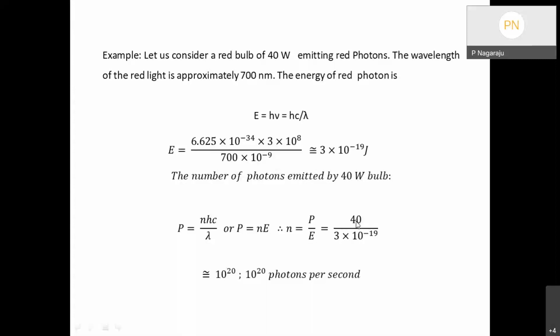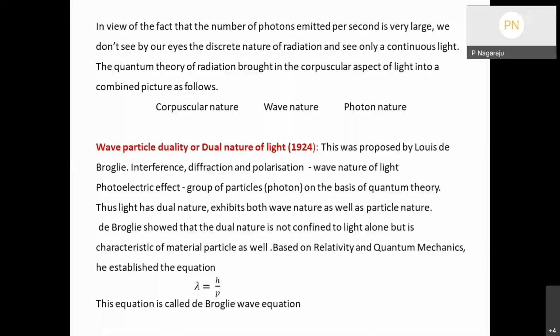That is, the 40 watt bulb we have used, so 40 watt over 3 into 10 raised to minus 19. On simplification of this energy, it comes out to be 10 raised to 20 photons. There may be a question like, can we see the photons?